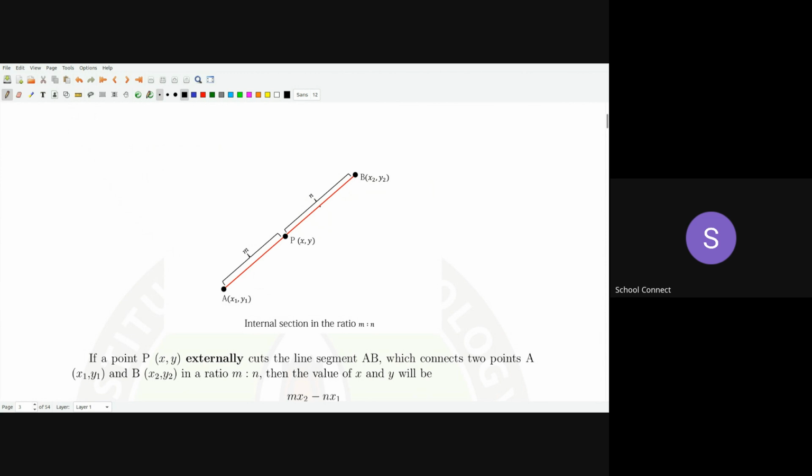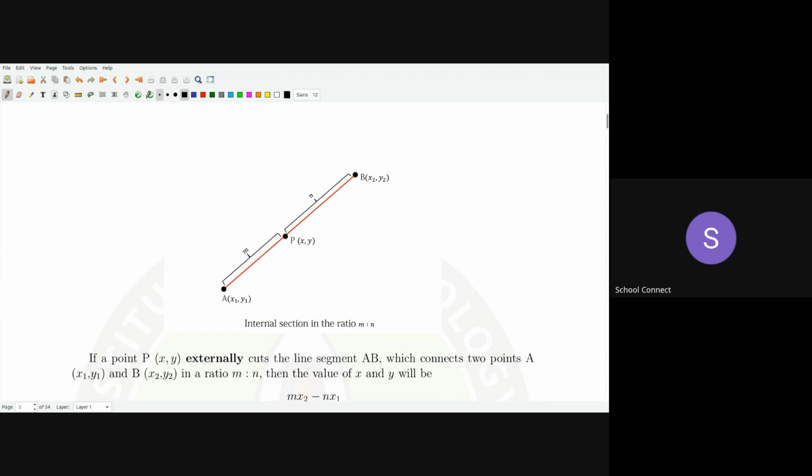Now I have a line joining A and B, and there is a new point P, which is x comma y, and this point P divides this whole line into m is to n. M parts will be in A to P and n parts will be in P to B.